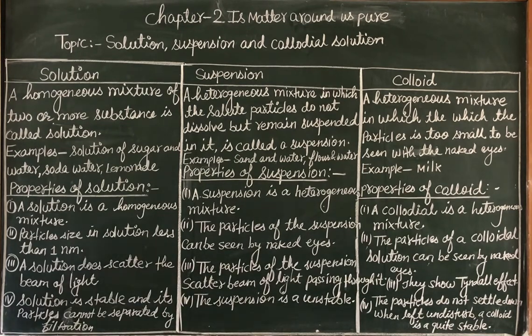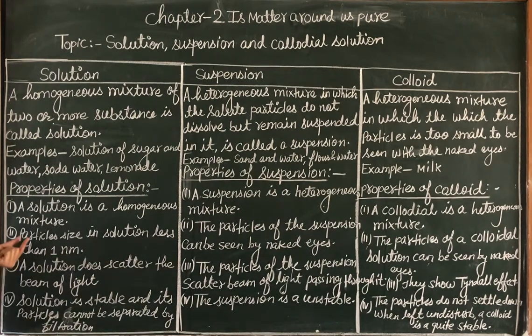Now we will see the properties of a solution, how we can identify a solution, the properties which we can observe in a solution. First, a solution is a homogeneous mixture. As you know, it has uniform composition throughout. You can take any example, whether it is soda water or lemonade.